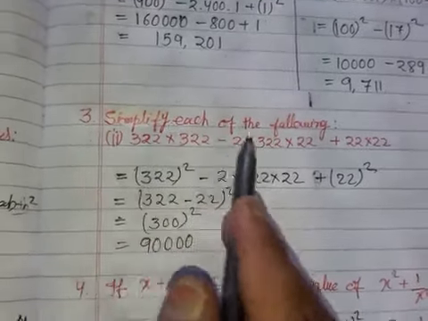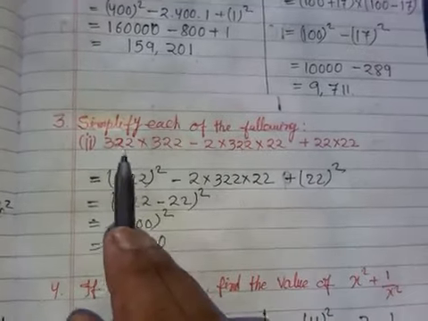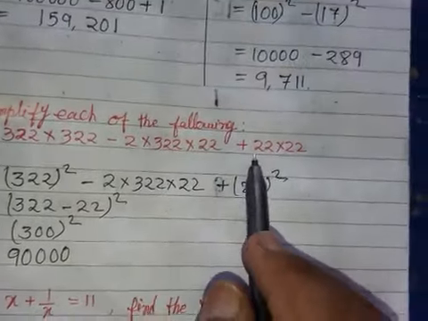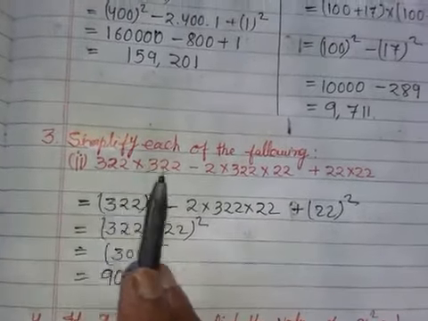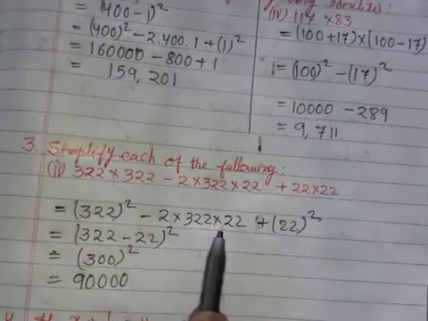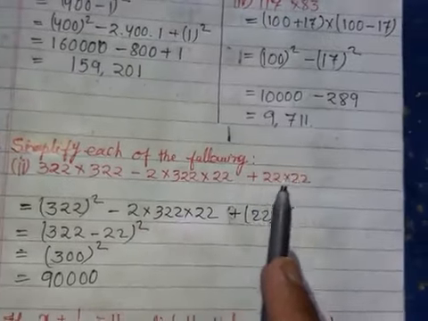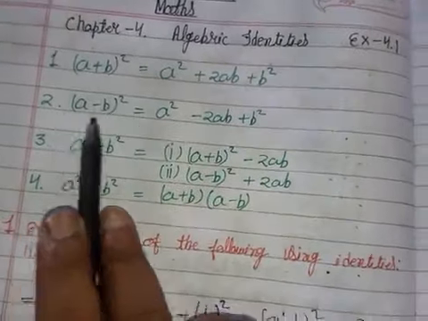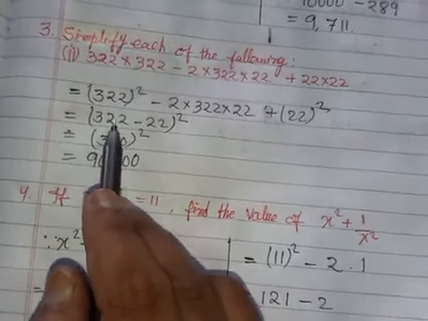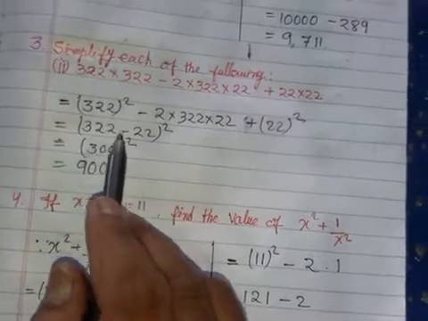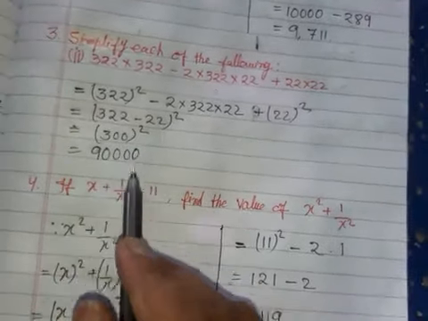Now this is your third question. Simplify each of the following: 322 into 322 minus 2 into 322 into 22 plus 22 into 22. Here we can write 322 twice, so 322² − 2ab + 22², which is (a − b)² by this formula. So we write (322 − 22)², and when we subtract 322 − 22, we get 300 squared.